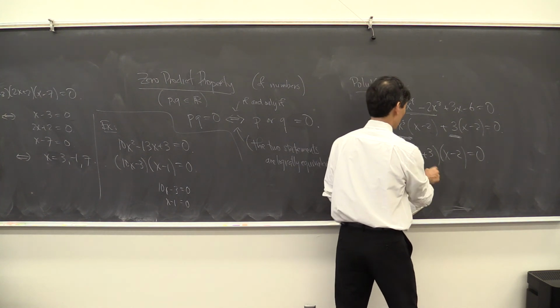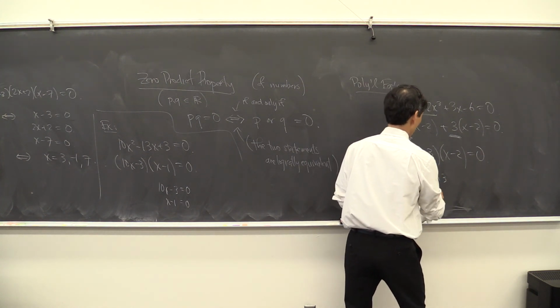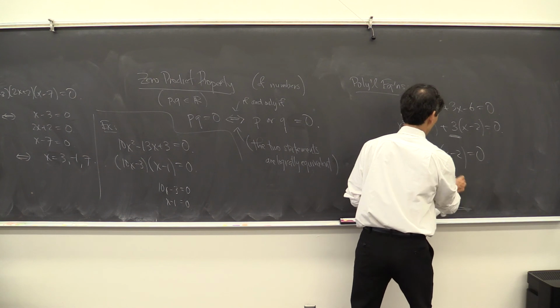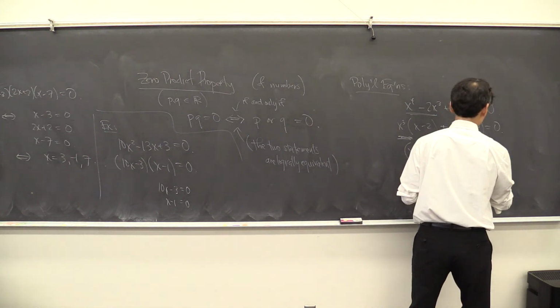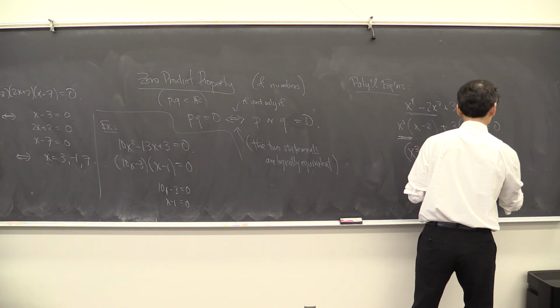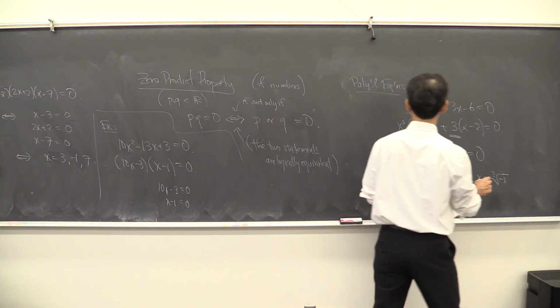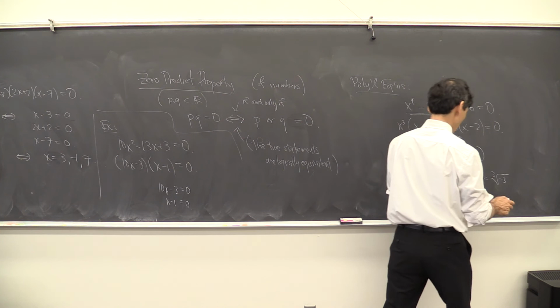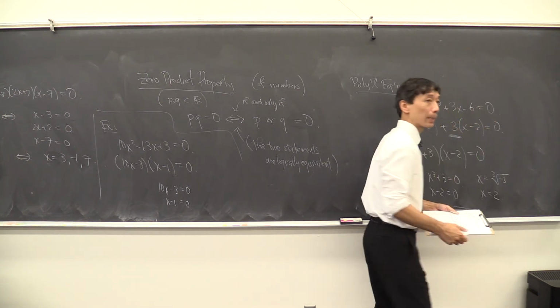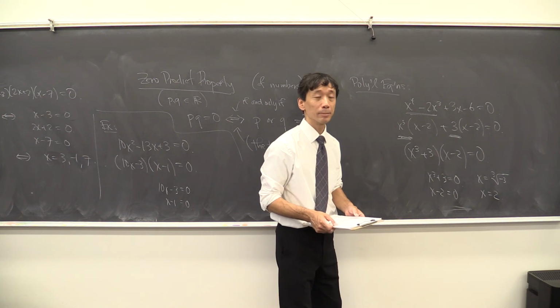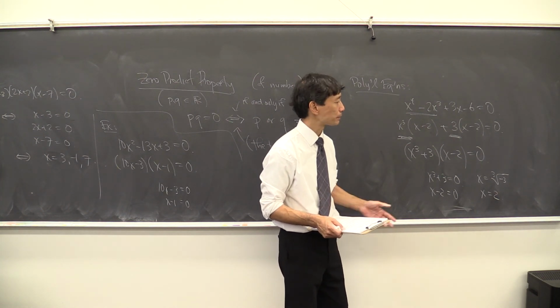Okay, so you get this, and you say, okay, what does that tell me? By the zero product property, I can solve these separately. Right, x minus 2 equals 0, x cubed plus 3 is equal to 0, and you see that x has to be a cube root of negative 3, or x has to be 2. Okay.